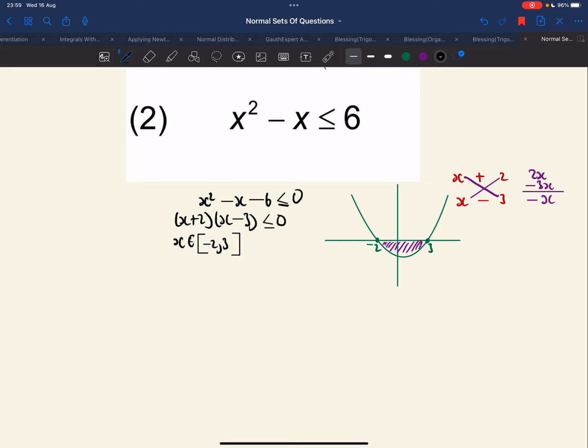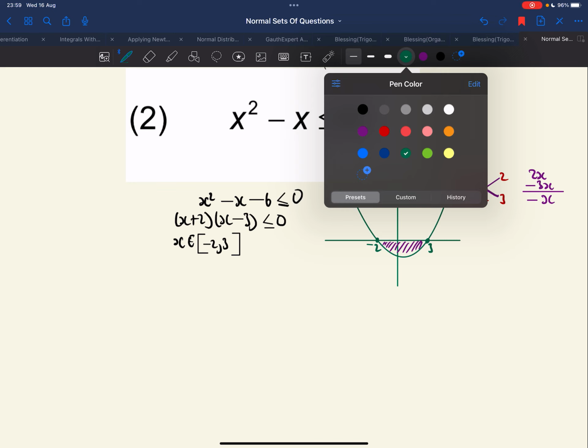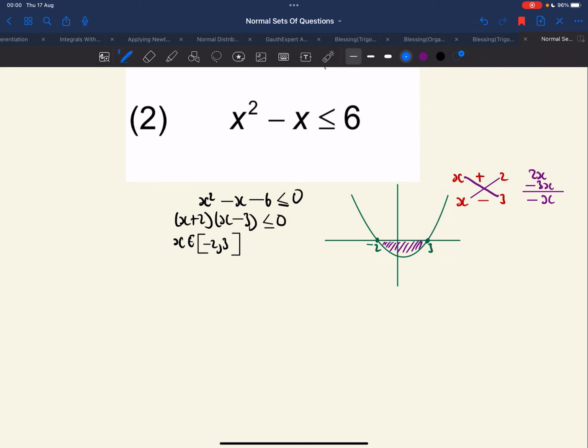All right, and then according to the number line, you can do it this way. You can put a number line, and then you can put -2 here, and then you can put a 3 here. At the top of -2 you can put a dot, and at the top of 3 you can also put a dot there.